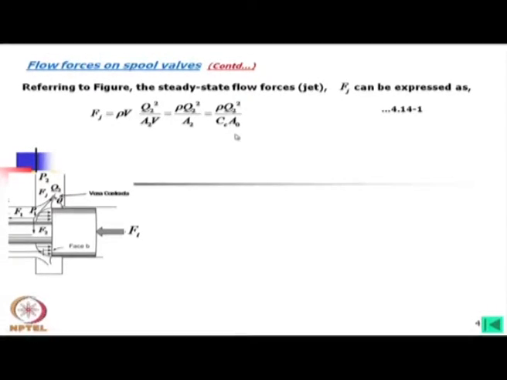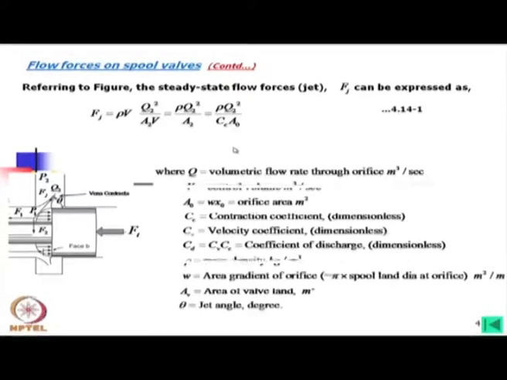Now, if we look further into this, Q here, Q 2, is the flow through section 2. In general, Q will be the volumetric flow rate through the orifice. I have also shown a set of units; this is for SI units.